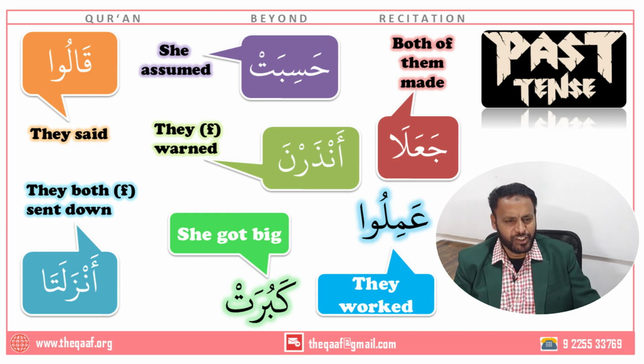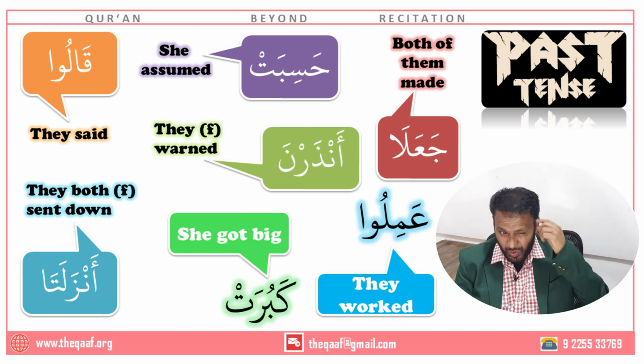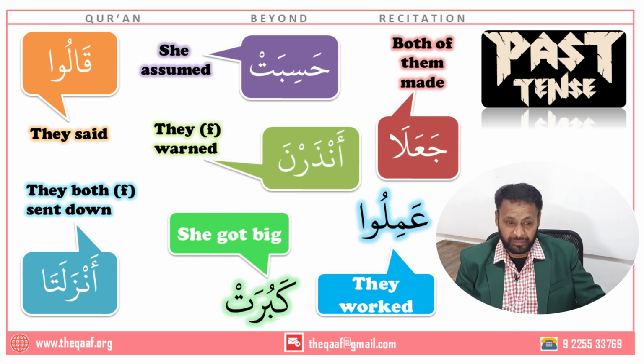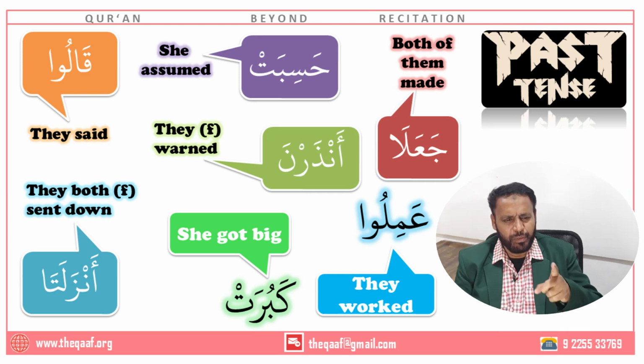Right. What about this? She got big. Now we'll use the left side of your brain. So far we were using the right side, showing you Arabic and putting the translation in English. Now is an English word, and you need to get the Arabic for it. So, she got big. Forget about the word for now. What's the important thing? The pronoun she. Whatever the word is going to end in ta with the sukoon, because it was nasarat.